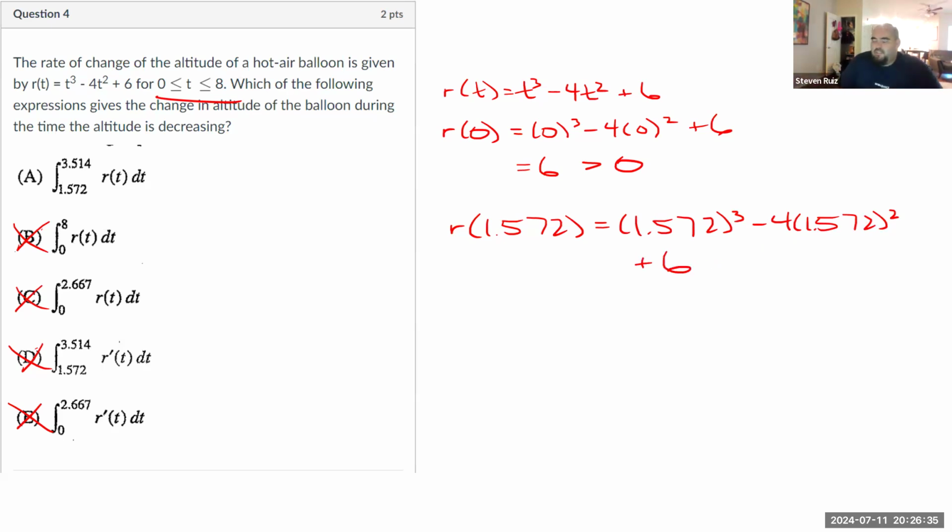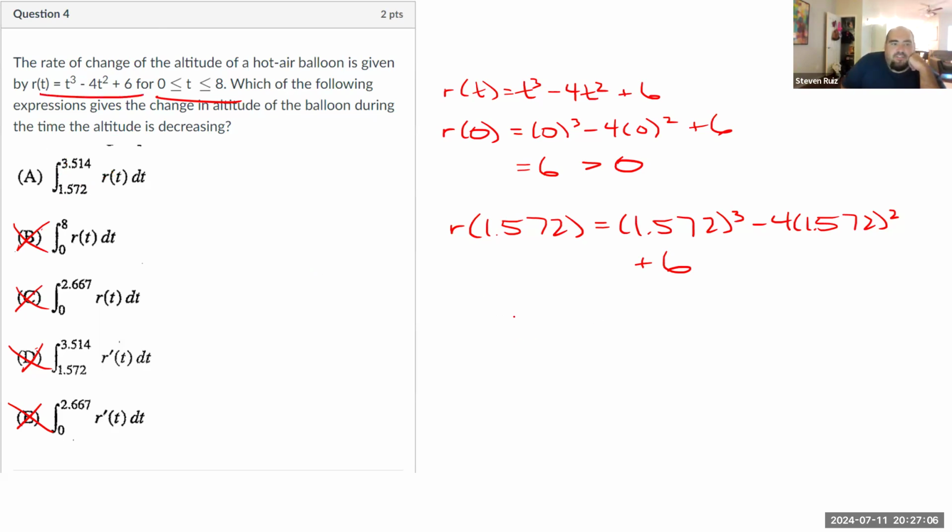I'd really like for that to equal 0, so let's make sure it does. And indeed it does. So here's what I'm going to do. I'm going to assume that both of these values, 1.572 and 3.574, are zeros for this function r.